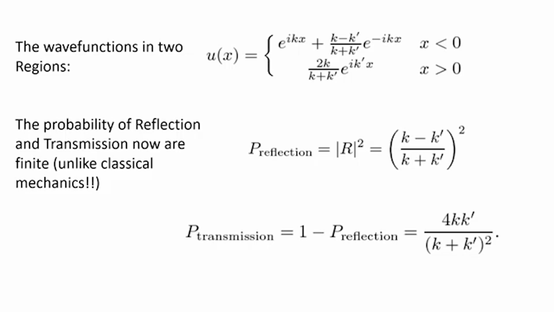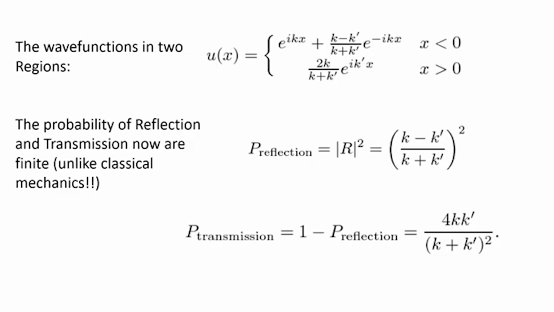So, these transmission and reflection amplitudes can be squared to get the probabilities. Sometimes you will see in some books that this r and t are written as small r and small t, and the P reflection and P transmission are written with capital R and capital T, but nevertheless they mean the same thing.